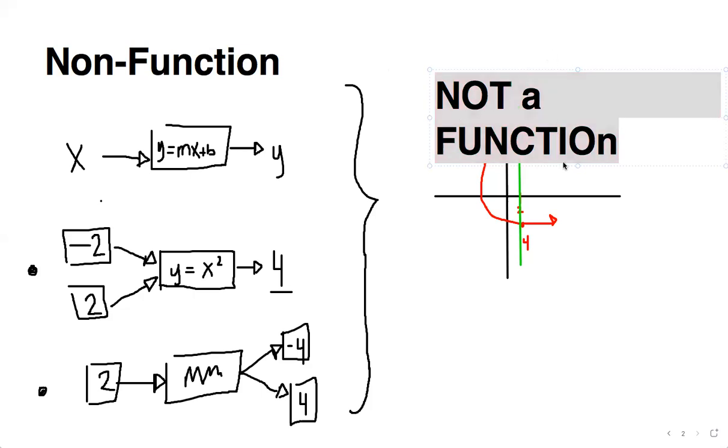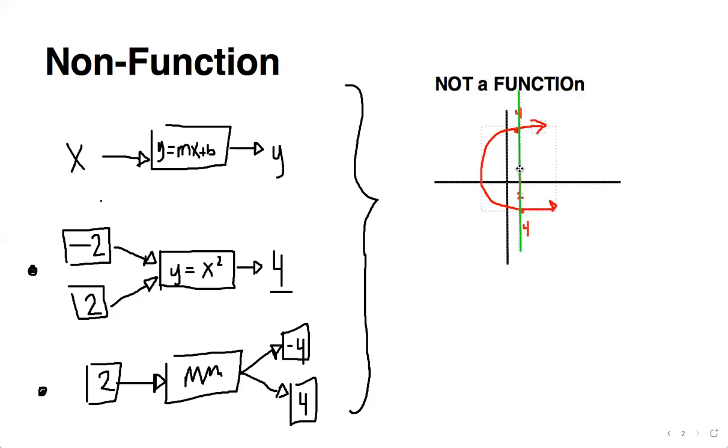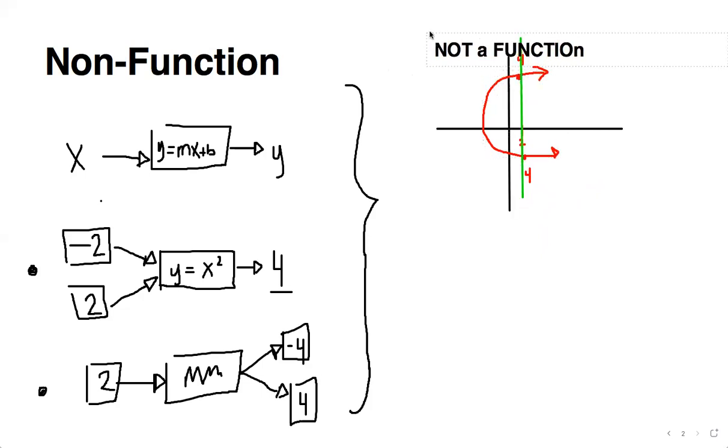Let me show you an example of something that you think, oh, maybe this isn't a function, but it actually is. So let's go back and look at this x squared example. On the previous slide, I showed the one side of an exponential equation. So let's show the other side.